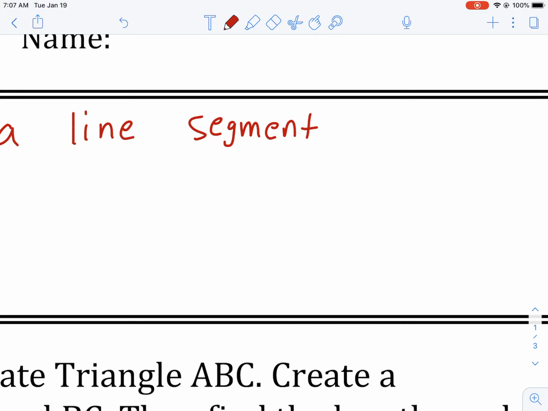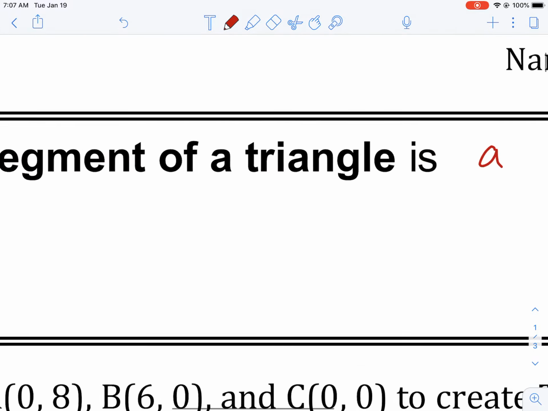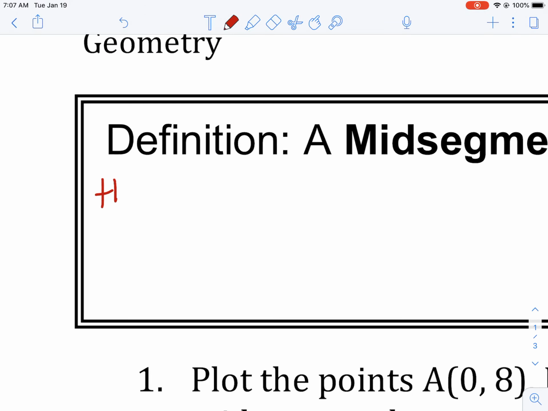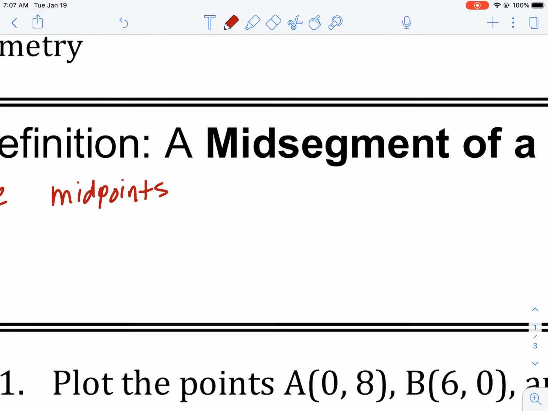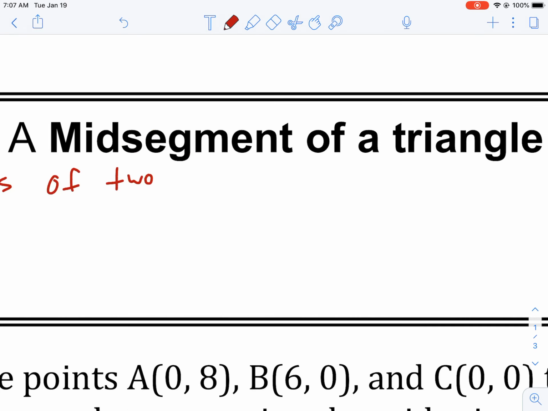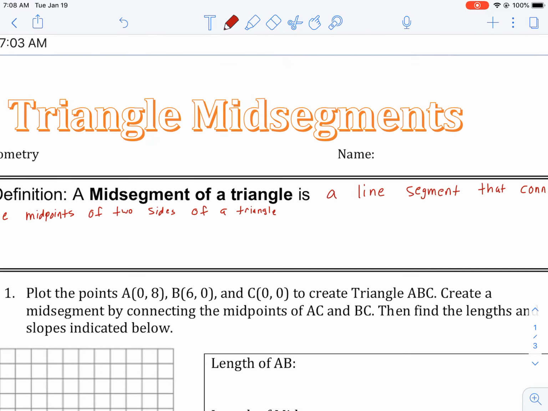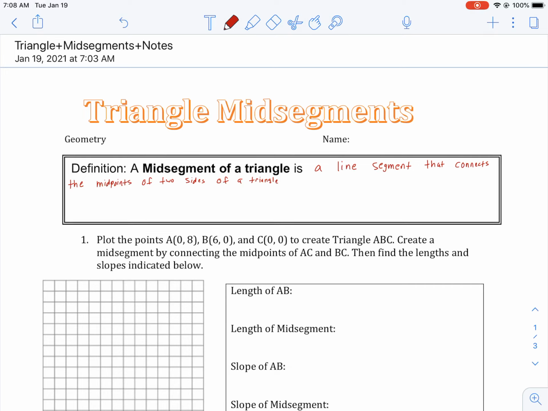So it's a line segment that connects the midpoints of two sides of a triangle.